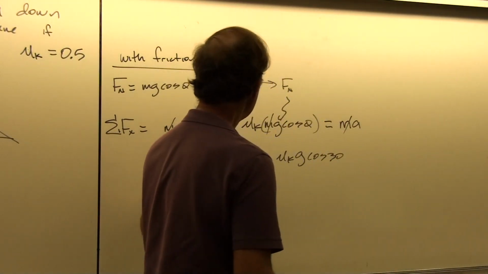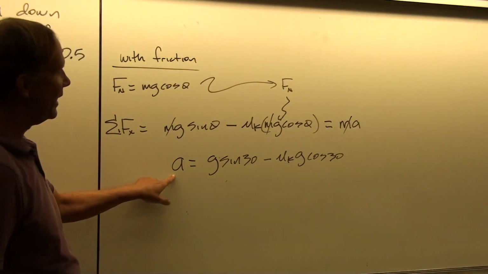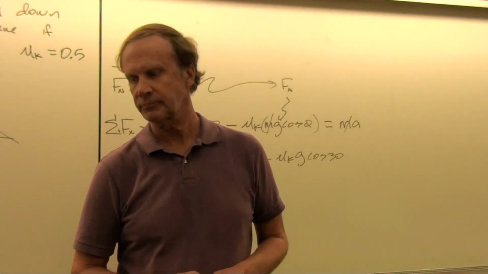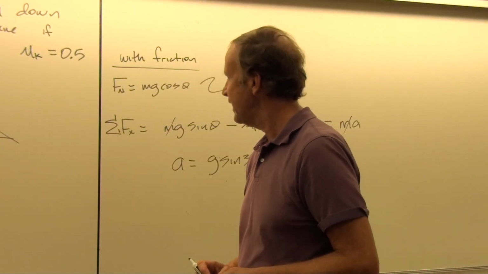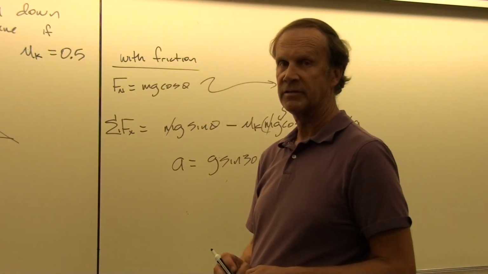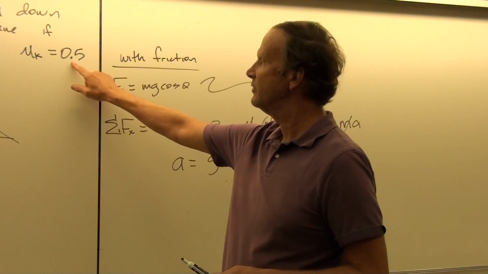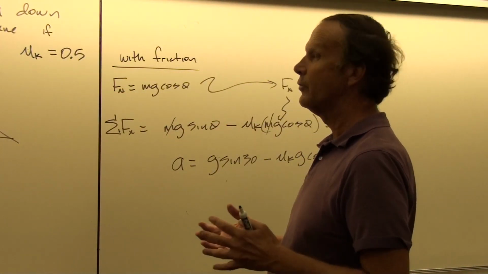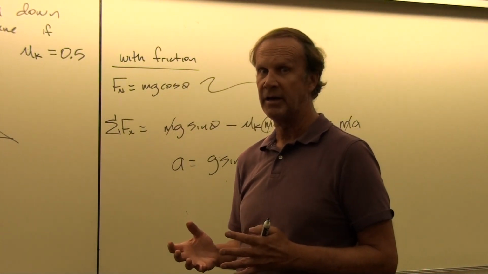And notice here that because the masses cancel out, the problem does not depend on the mass. It means that as long as the coefficient of friction stays the same, this would be the same acceleration for a really big mass or for a really small mass.